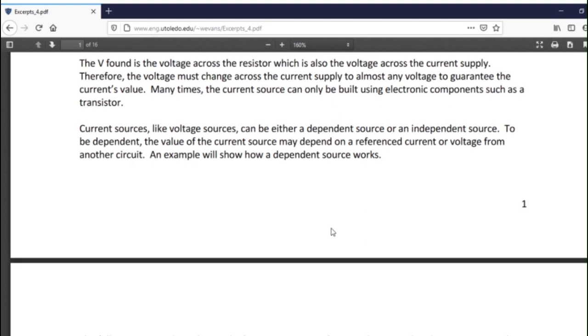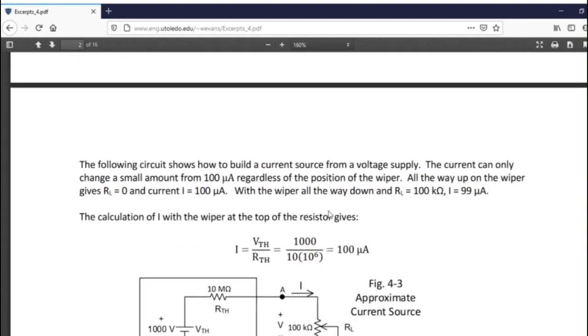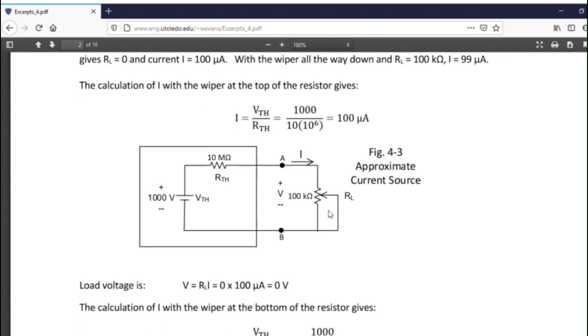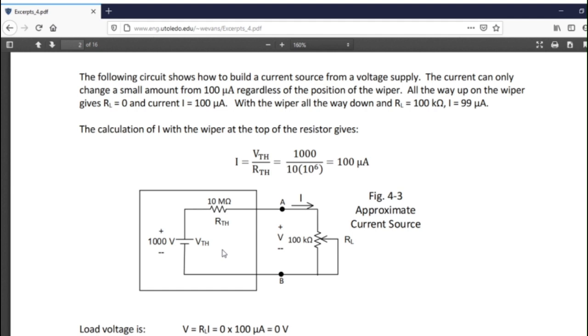Okay, and they can either be dependent or independent, and we're going to give you an example later on of a dependent current source. But we're going to ask the question, how do you do a current source? Really most of the time, when you look inside the black box, it's a voltage source and some kind of an R Thevenin.